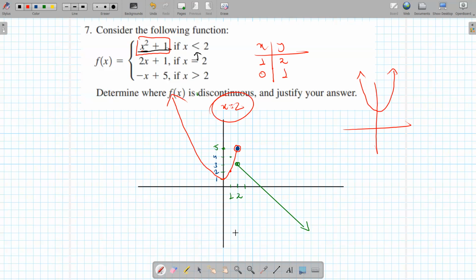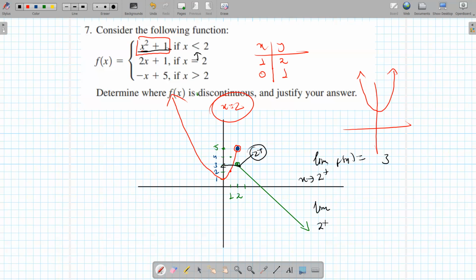What's the limit on the right side? What's the limit at 2 plus? Let's say 3, okay? You see right here? 2 plus means just directly to the right of that open circle. And the y value is 3.